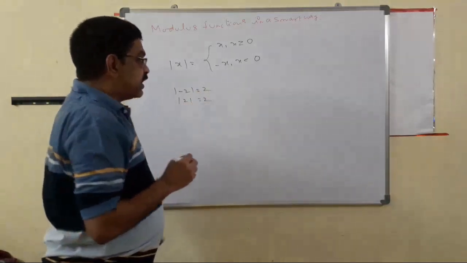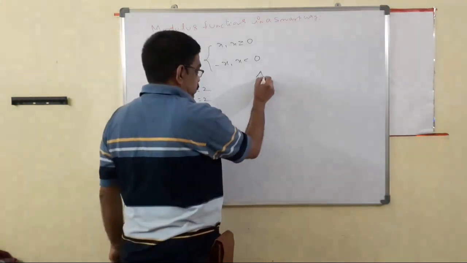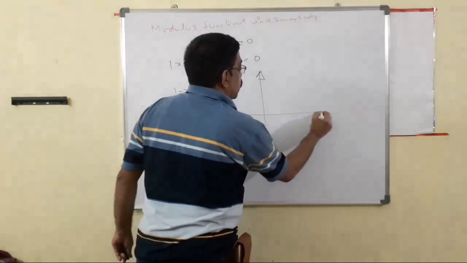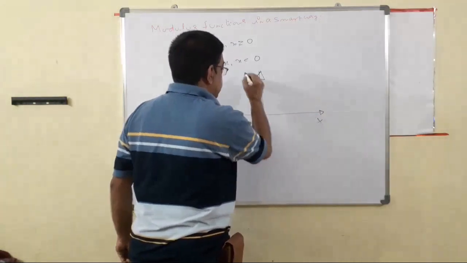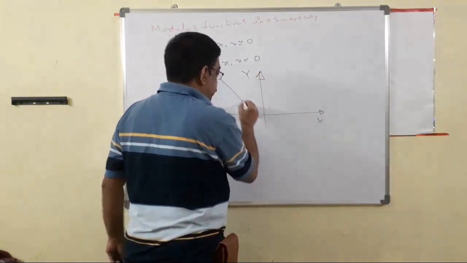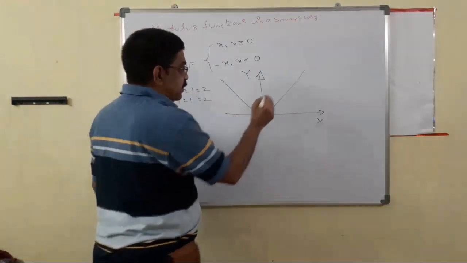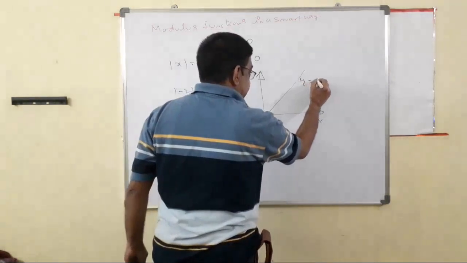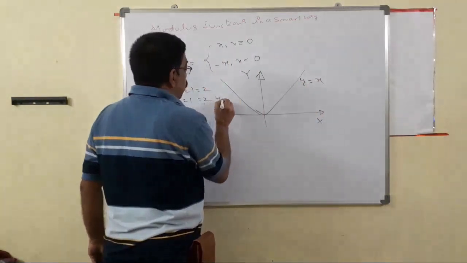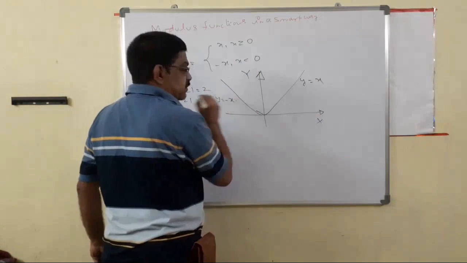And if you draw the graph of this, with the x-axis and the corresponding y-axis, is it going to be like a V-shaped graph or not? It's a V-shaped graph, and on the right side you have y is equal to x line, and on the left side you have y is equal to minus x. And this you already know.